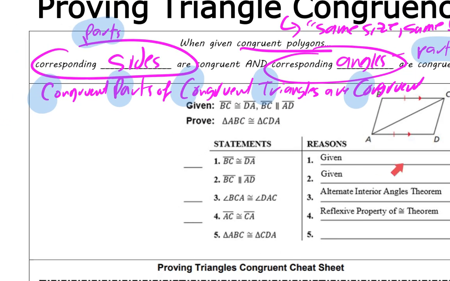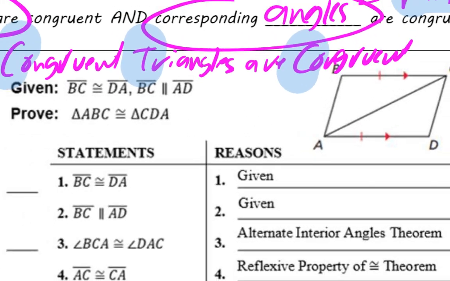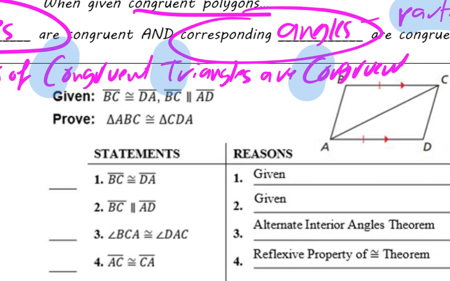A proof is right over here. This is a written explanation of how we can prove this. So let's look at this. It says given side BC is congruent with side DA. We see that they're congruent because we have this symbol right over here, which tells us that this side is congruent with this side.